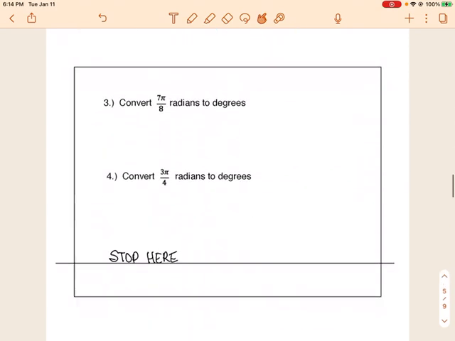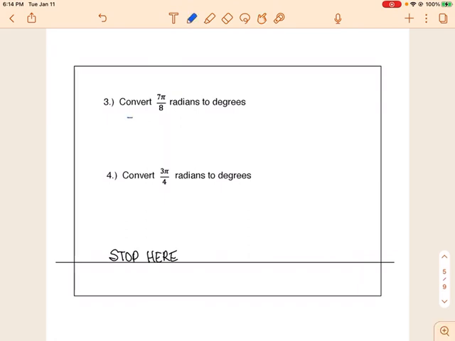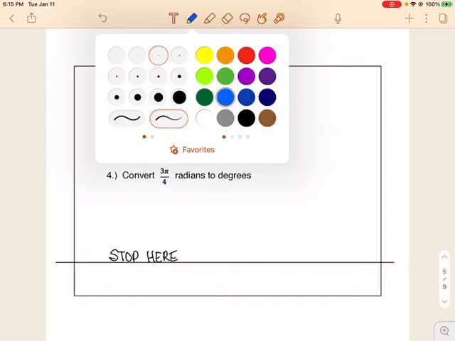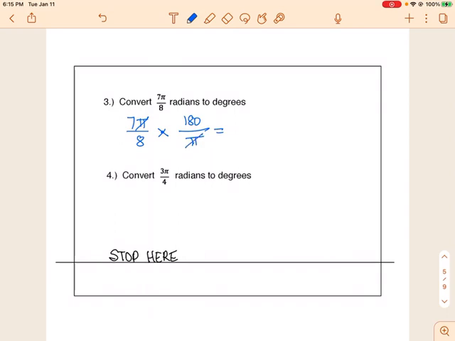Okay, the next one we're starting with radians, so I'm starting with this pi, and to get rid of pi, it needs to be in the bottom, so I want to multiply by 180 over pi. The pi's will cancel. Sorry, I want to change the color for you.